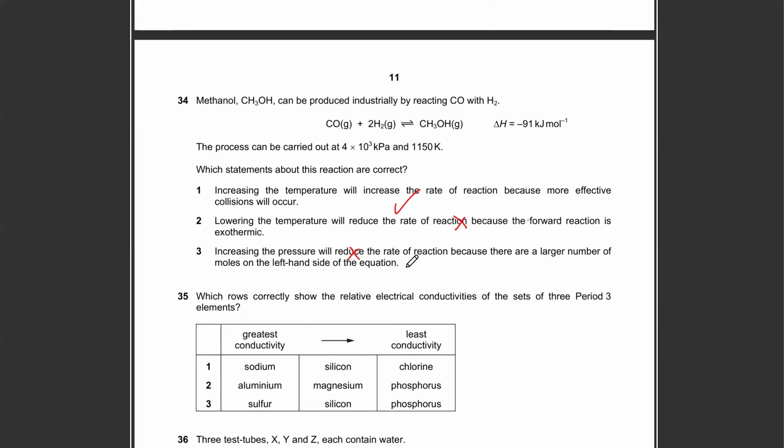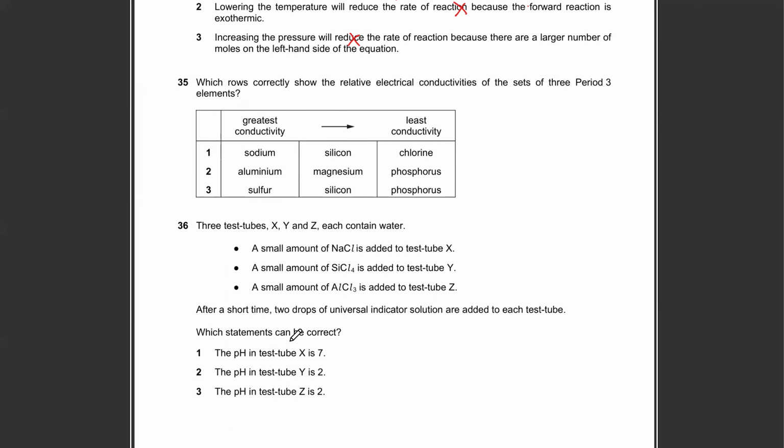Which one correctly shows the relative electrical conductivities of the sets of three elements? It's 1 and 2 only. 3 is wrong. So three is wrong.